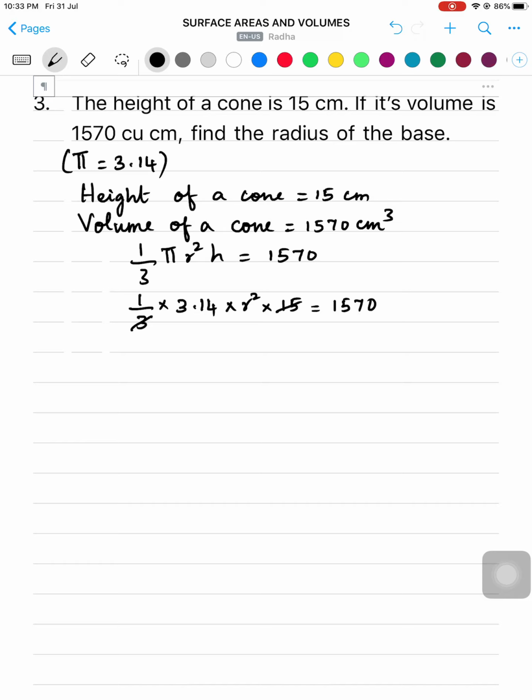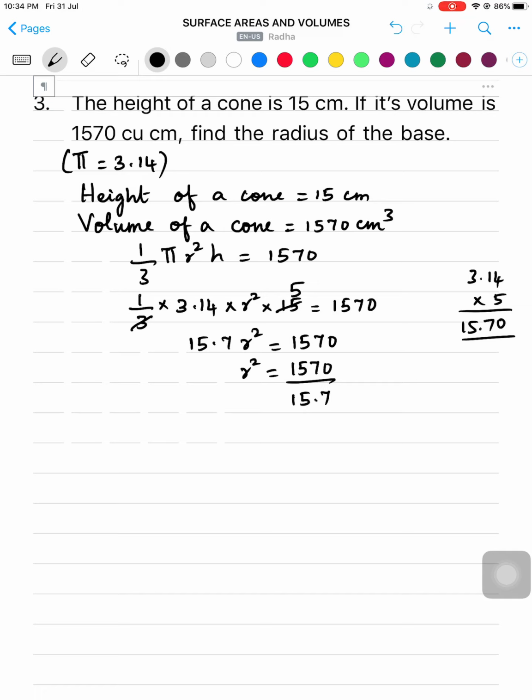1570. Now the 3 in the denominator and the 15 in the numerator get cancelled. So now what is 3.14 into 5? It is nothing but 15.7. So 15.7 r squared is equal to 1570. So r squared is equal to 1570 by 15.7. Since there is a decimal place in the denominator, with only one decimal place I multiply and divide by 10. So numerator becomes 15,700 and denominator becomes 157.